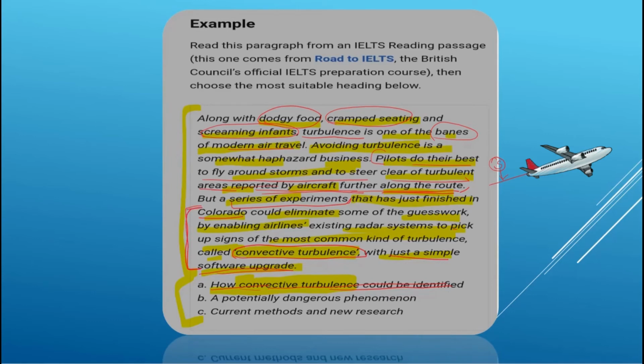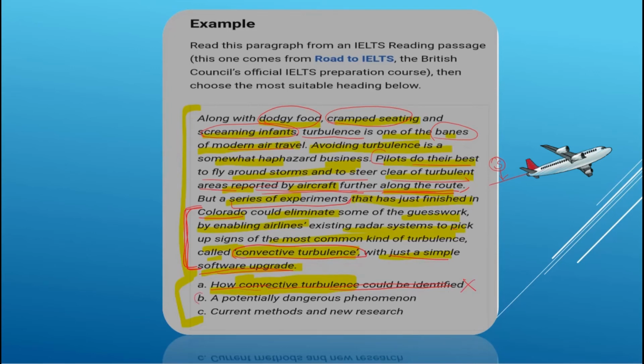If you read it carefully, they're talking about this particular option at the lower end of the paragraph, not the entire paragraph. So you need to find something that represents the entire paragraph, not just the second part or the first part or any other part. It has to represent the whole paragraph. So this cannot be the correct option.